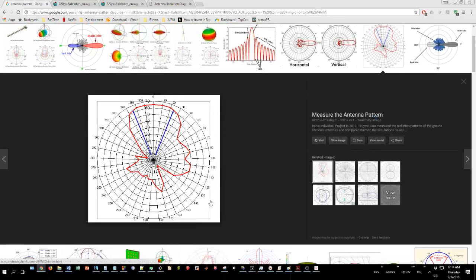You can see on this one that it has this beam width, shown by these blue lines. What it's saying is that here you've got the peak, and then here you've got half power, which is about -3 decibels.